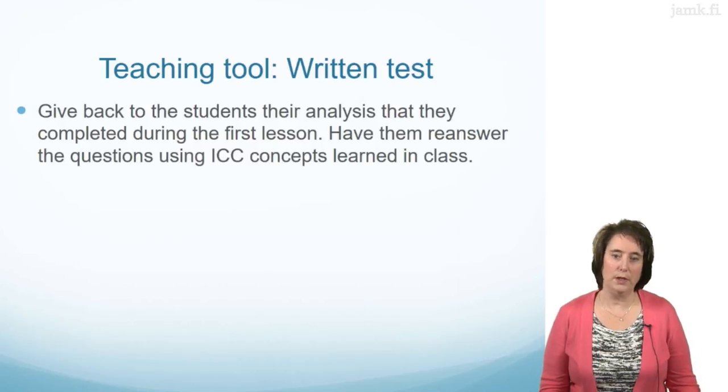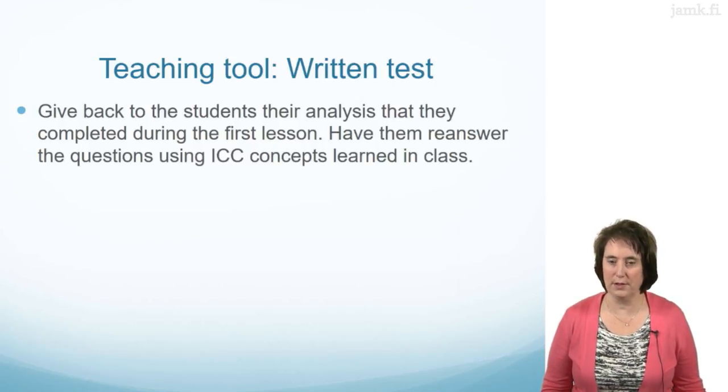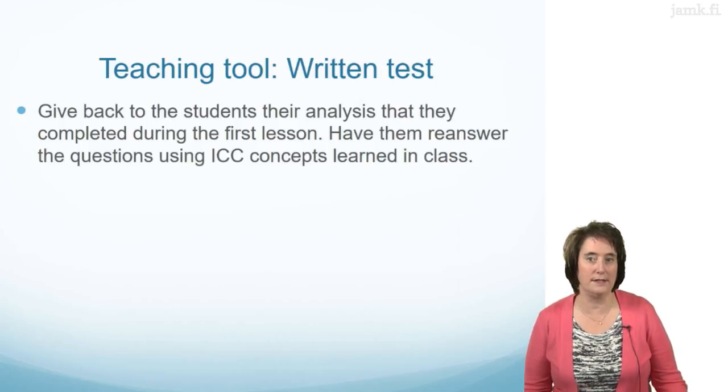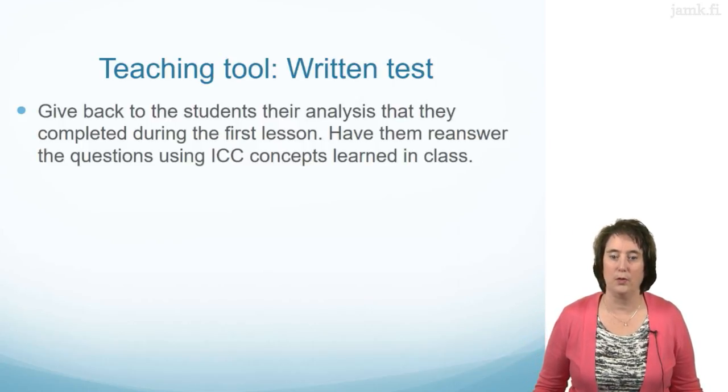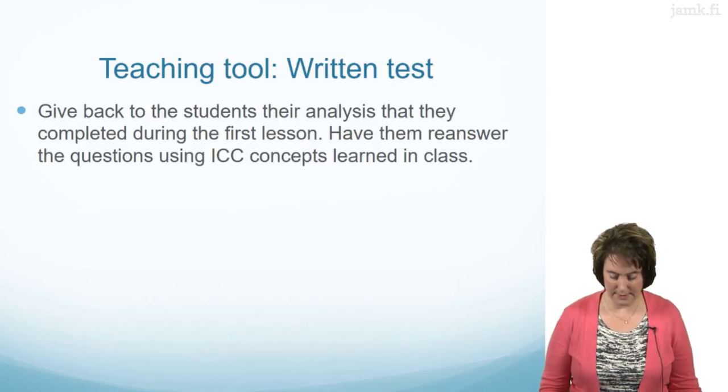So one way we do it is then halfway through the course we've talked about different concepts, and then we have a written test or written task, and there we give back to the students their analysis that they wrote in that first lesson, and we have them on the same paper re-answer the questions, now using ICC concepts learned in class.